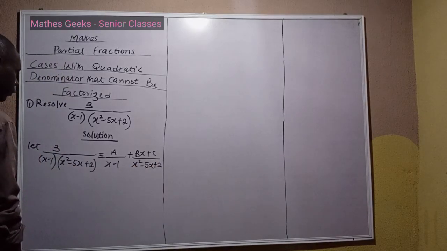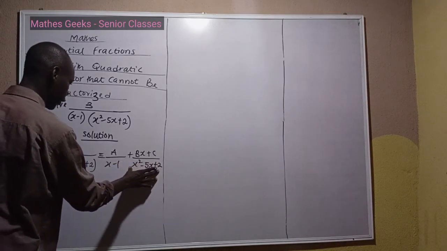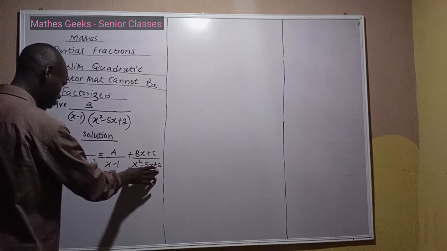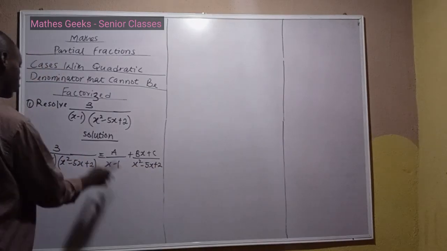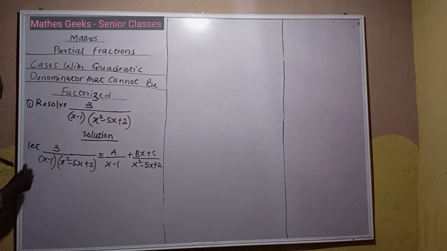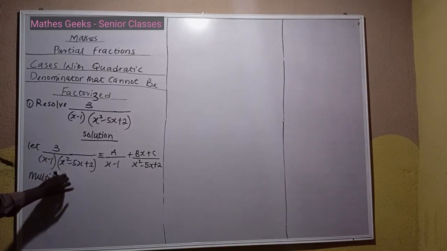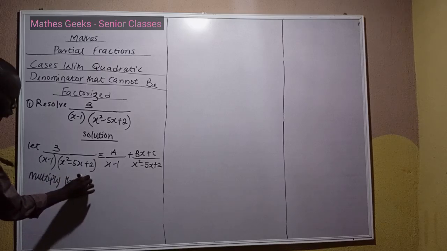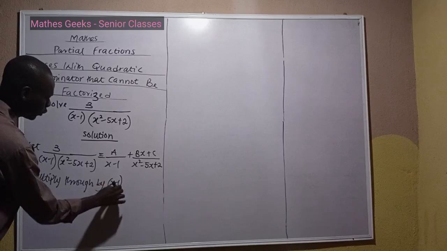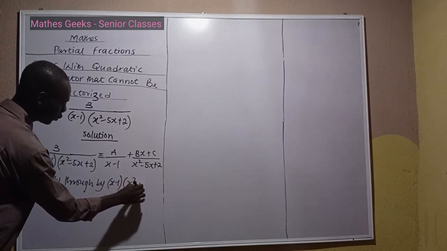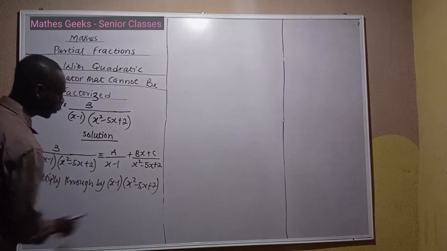If you try to simplify the quadratic expression and you discover that it's not factorizable, then you just multiply through by x minus 1 times x squared minus 5x plus 2.